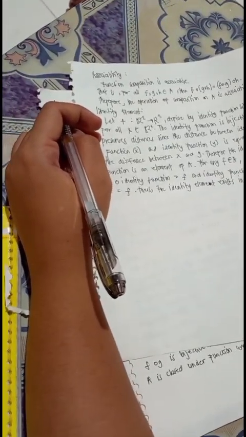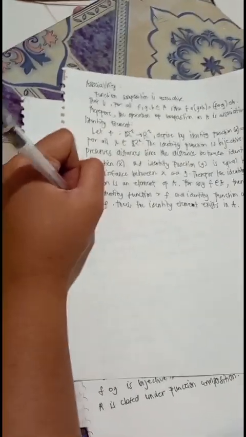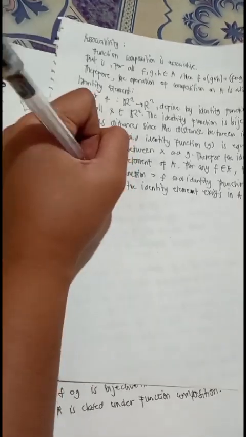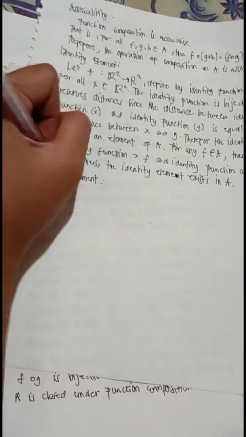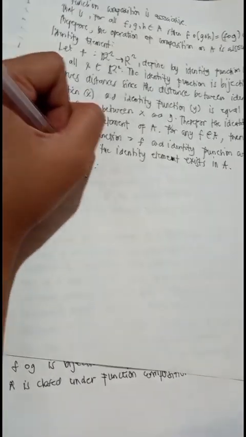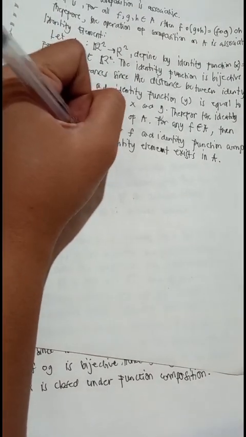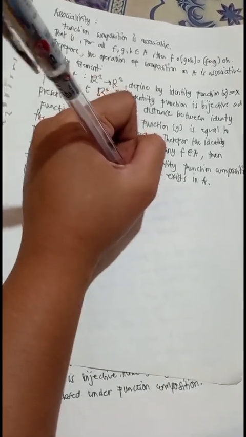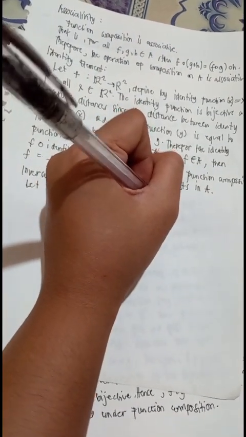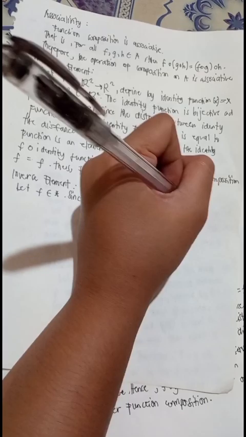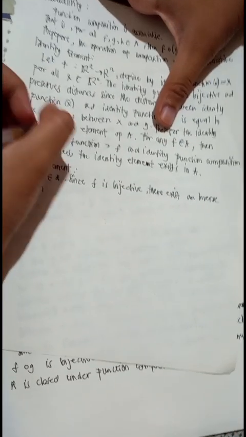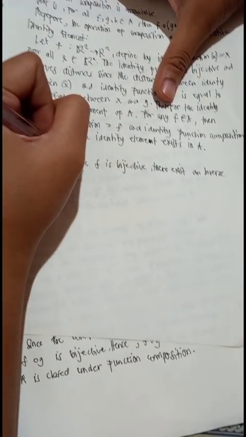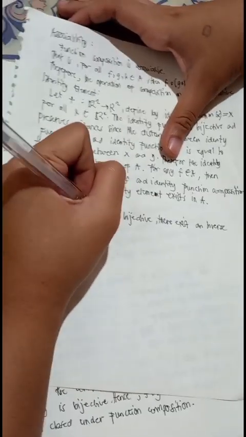Now, let's go to inverse element. Let f be an element of A. Since f is bijective, there exists an inverse function mapping from R squared to R squared.